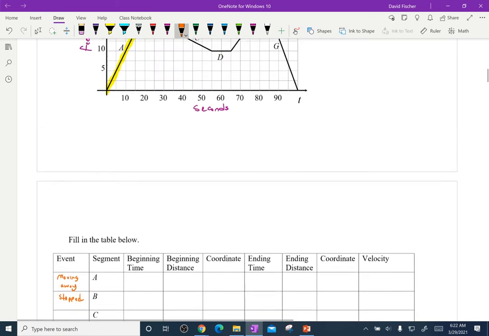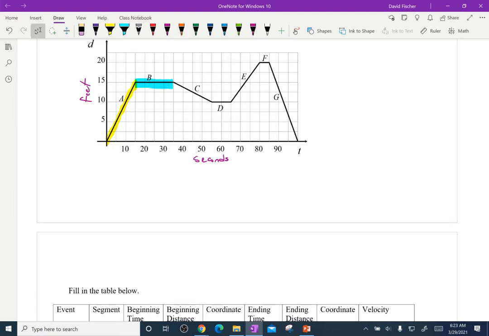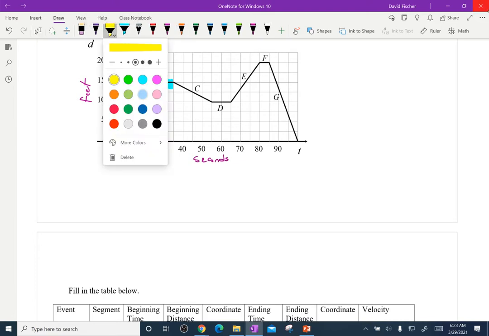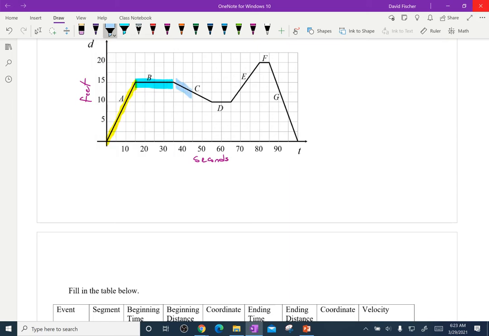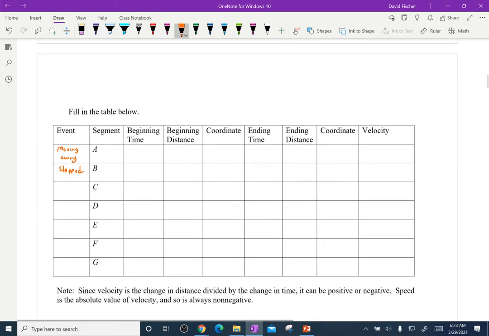And then let's go look at C real quick. Letter C. Let's get a different color here. Is right here. So we started out at 15 feet, and then sometime later, now we're at 10 feet. So I hope you said moving towards the person.